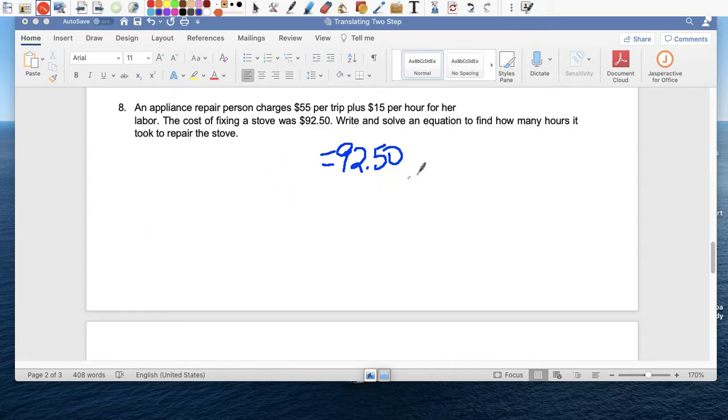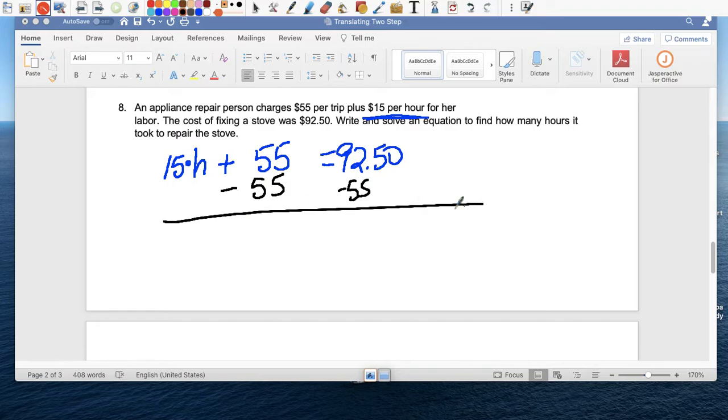Well, H is my variable. So what do we know about hours? It's $15. So 15H. Plus, so he works the hours, you pay him by hour, plus we give him $55 for transportation right here. So let's do our story. So if you do your story, you get minus 55 here, minus 55 here.